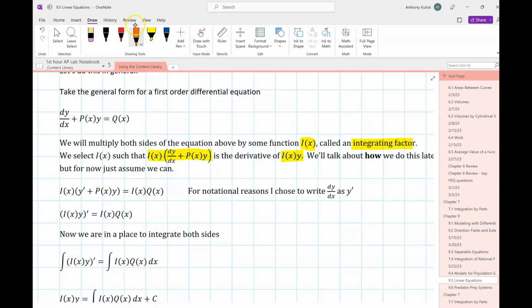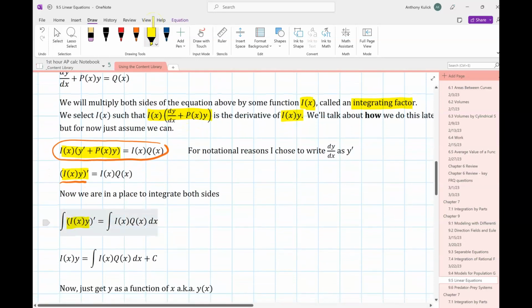So if I multiply both sides by I of x, that result is the derivative of I of x times y. And now I can just integrate both sides without a problem, because I have the derivative around one thing, and the other side is all in terms of x's.